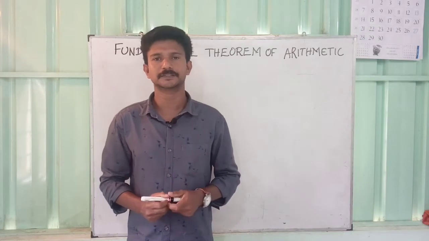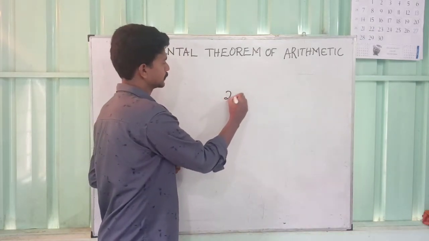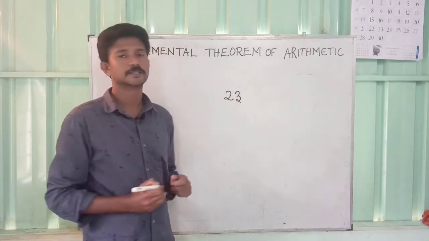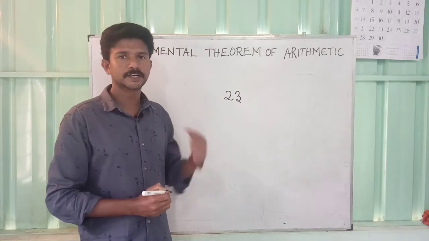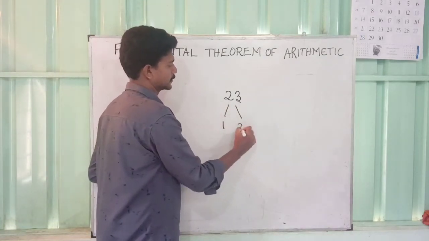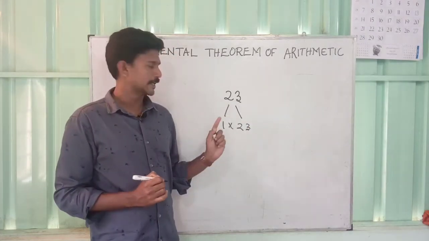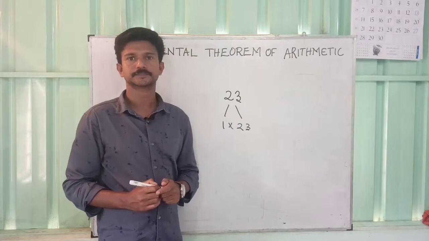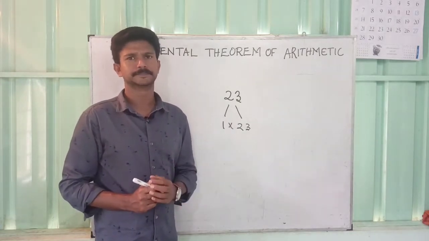For example, if you factorize 23, we won't get any other factor other than 1 and 23. So it has only two factors, so 23 is a prime number.